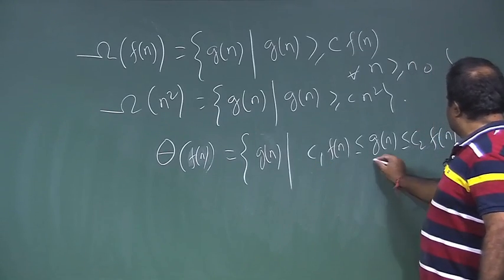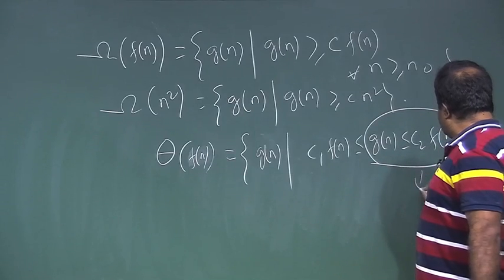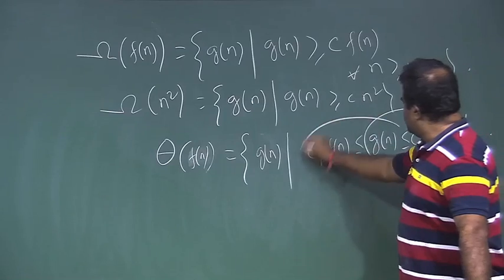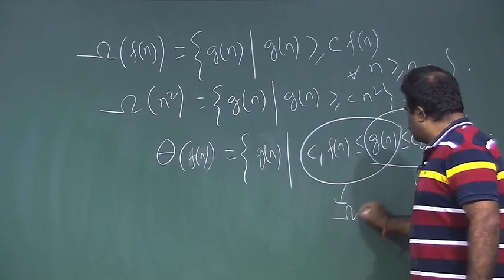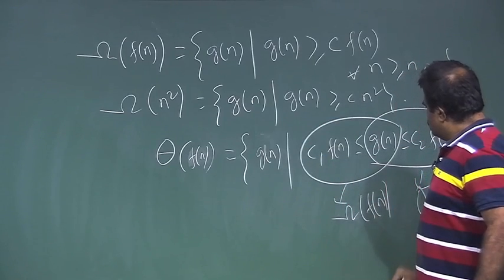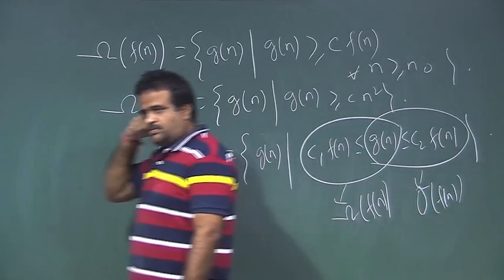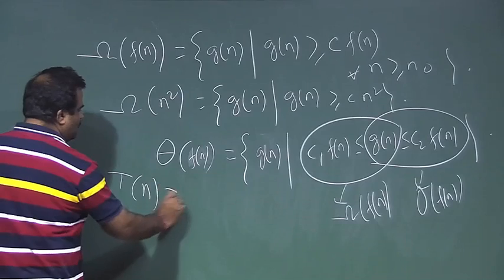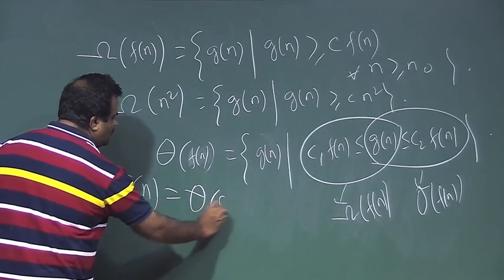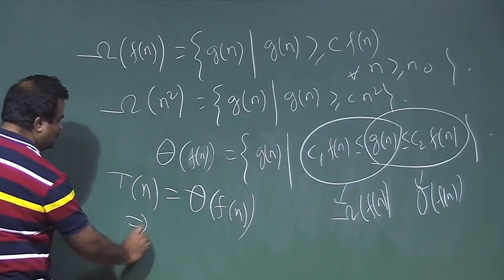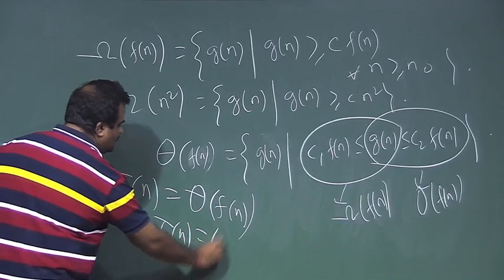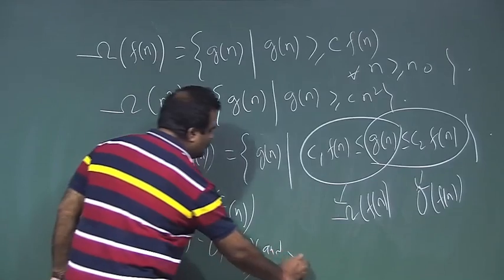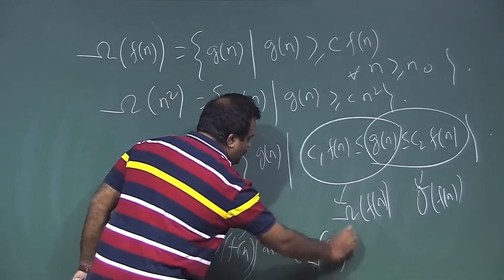If we have only this, this is big O of f(n), and if we have only this, this is big omega of f(n). So big theta means both big O and big omega. So if T(n) is big theta of some f(n), this implies T(n) is both big O of f(n) and big omega of f(n).